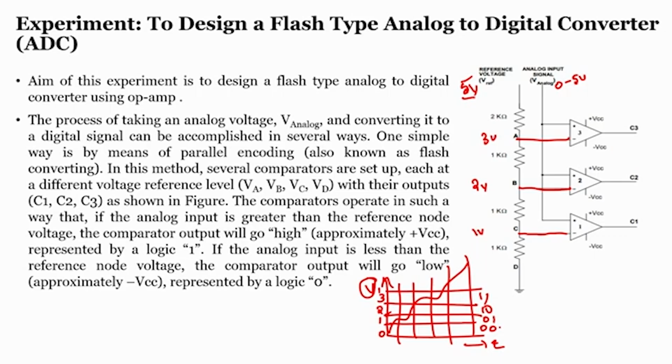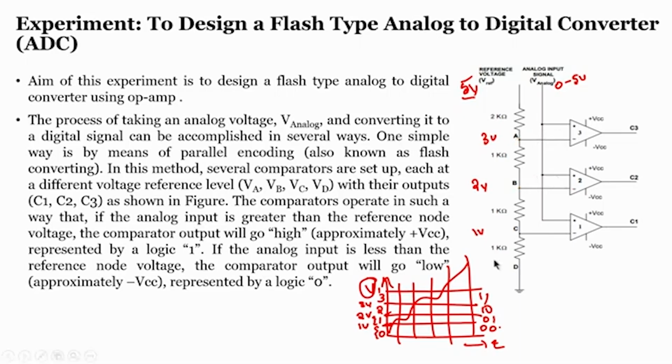So how do we divide this? The first level voltage is 1 volt, the second level voltage is 2 volt, this is 3 volt, and more than 3 volts it is higher.